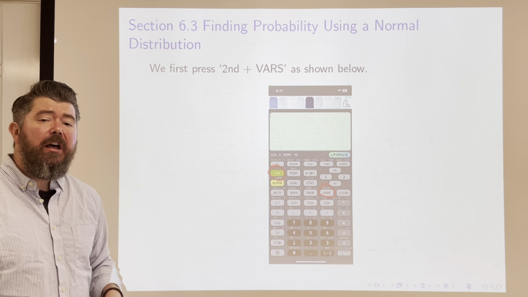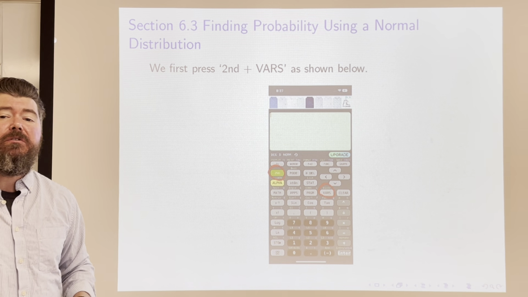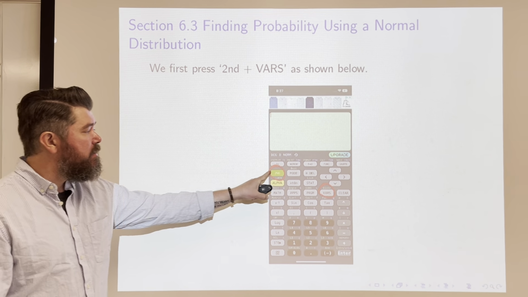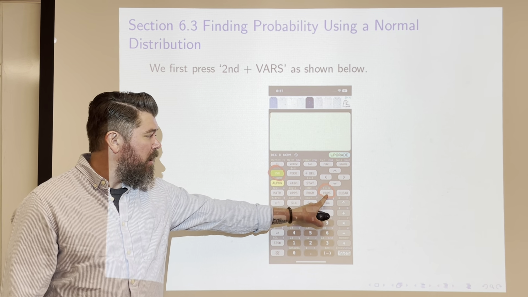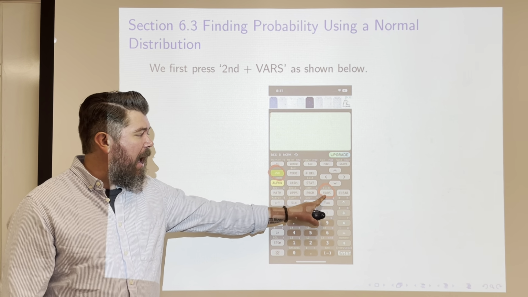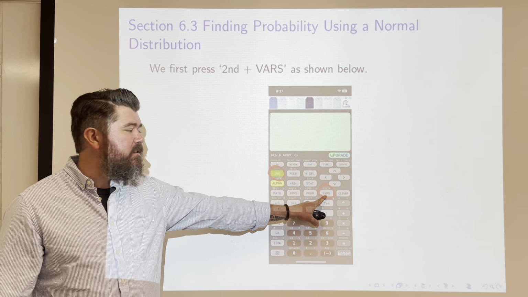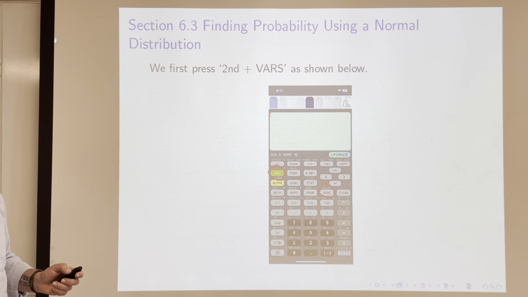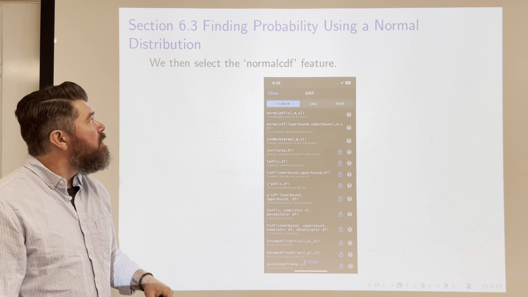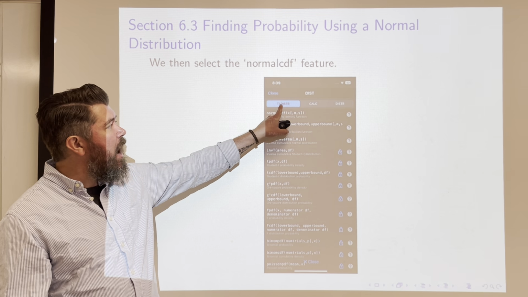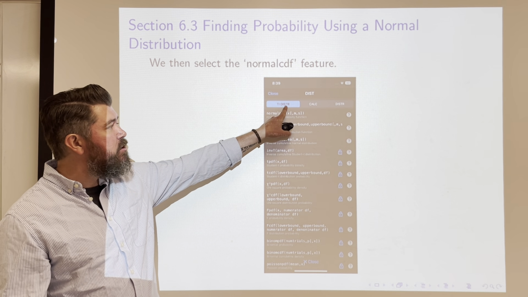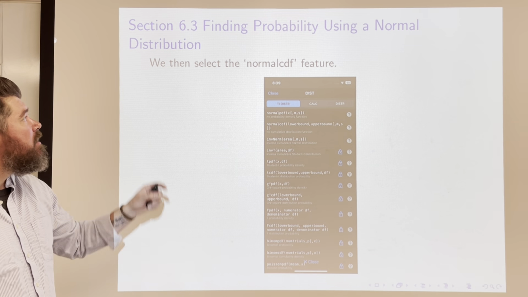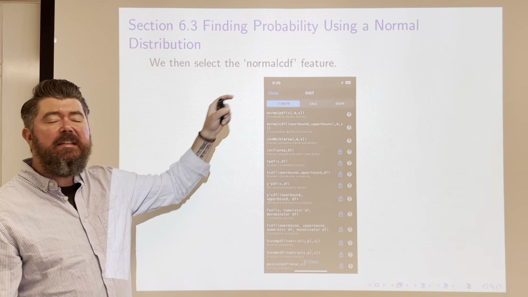To use our calculator to compute this directly without using statistical tables A or B, we first press second and our vars button, which is a little below the stat. It's diagonal from our stat button that we're used to pressing. We make sure that it's highlighted over the TI distributions, and we select the normal CDF.